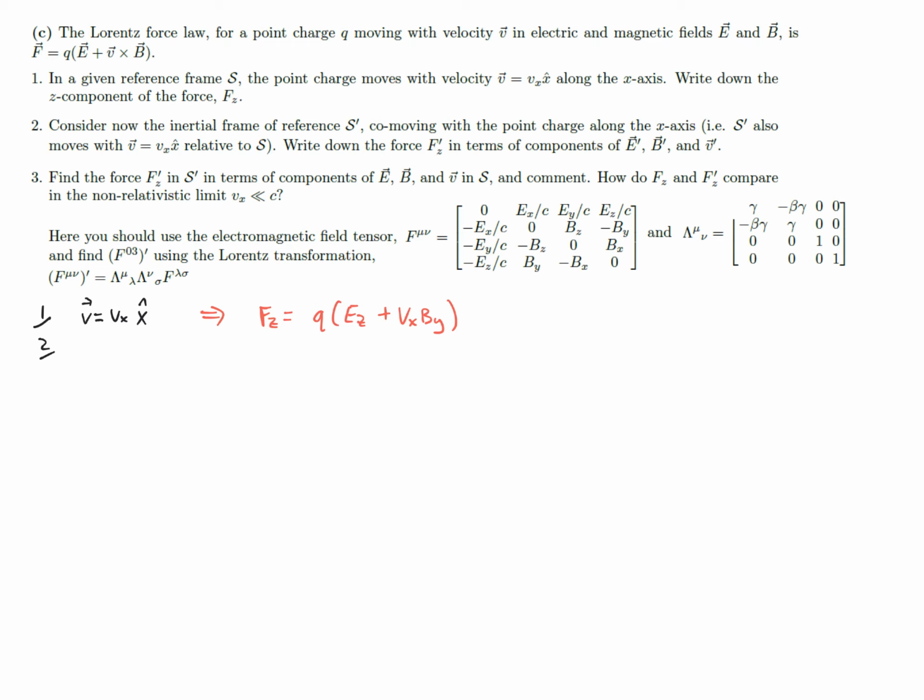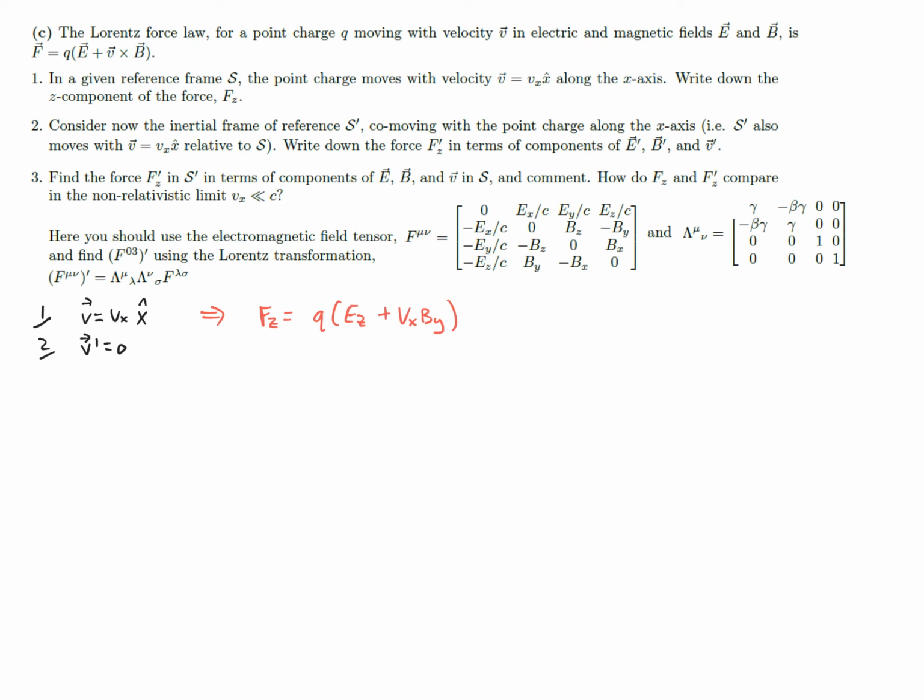In part 2 of the question, consider now the inertial reference frame S primed co-moving with the point charge along the x-axis. So what that means is that v primed is equal to 0, because we're moving along with the particle, so we don't notice that it's moving, because we're moving at the same speed. The relative velocity is 0. Write down the force Fz in the primed reference frame.